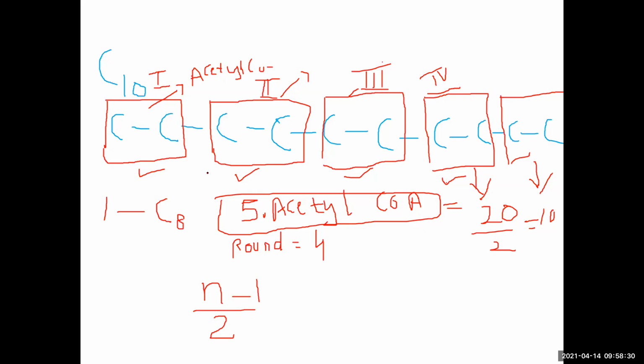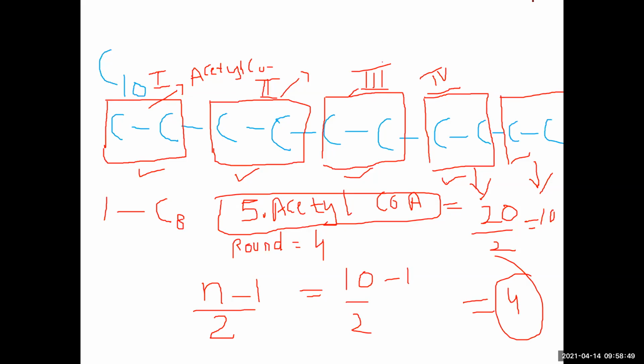What is n? The number of carbon atoms. If I apply it here, 10 divided by 2, what is it? 5. So 5 minus 1 is equivalent to 4. So it will give you the number of cycles. Super easy now.